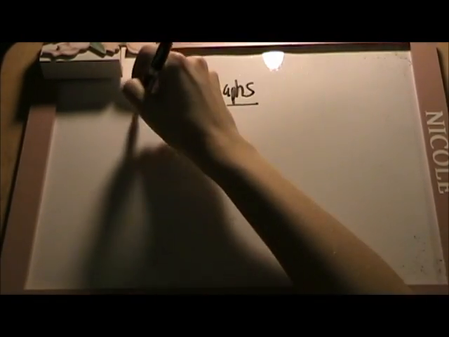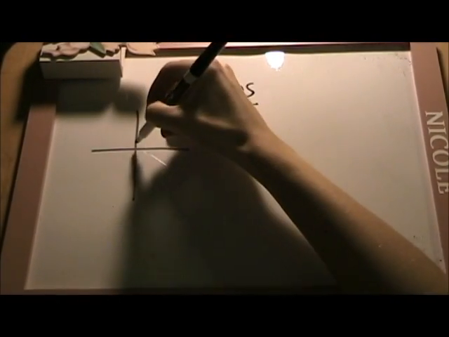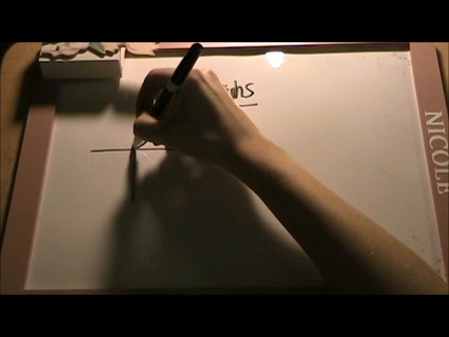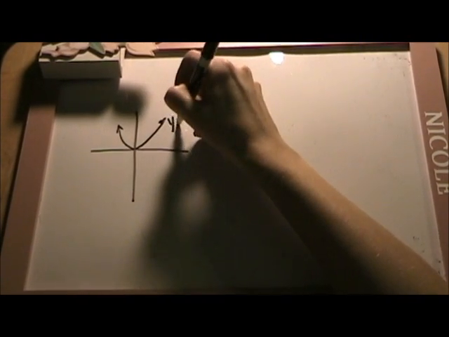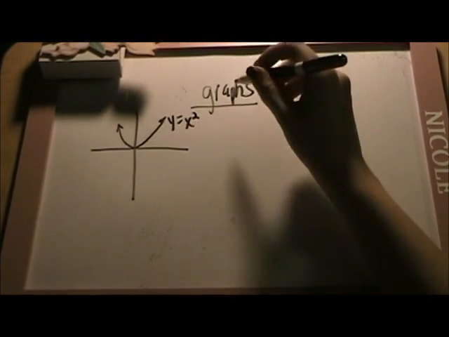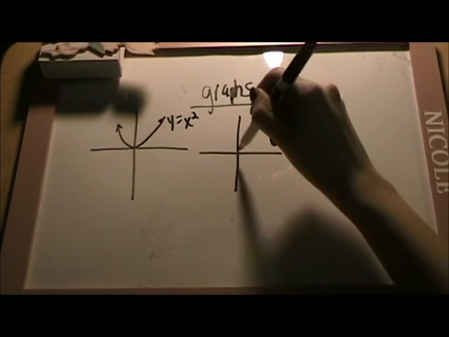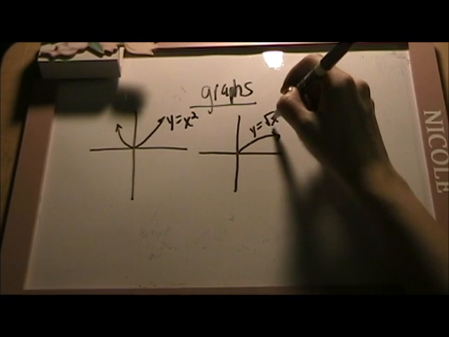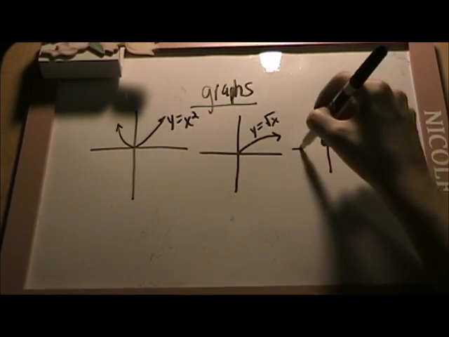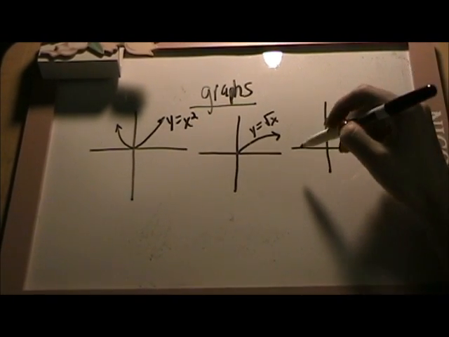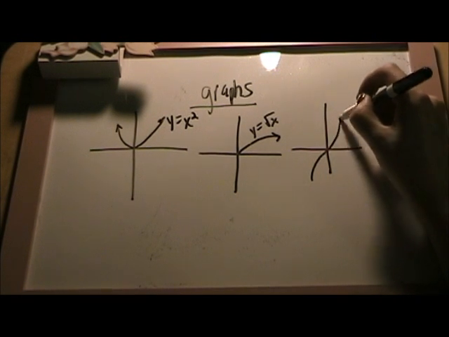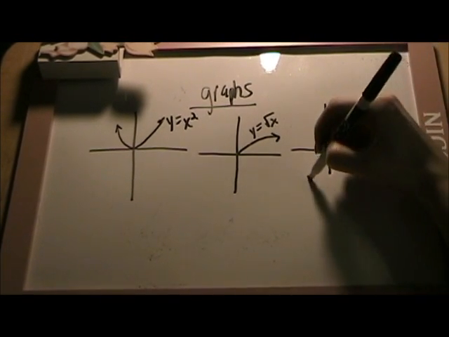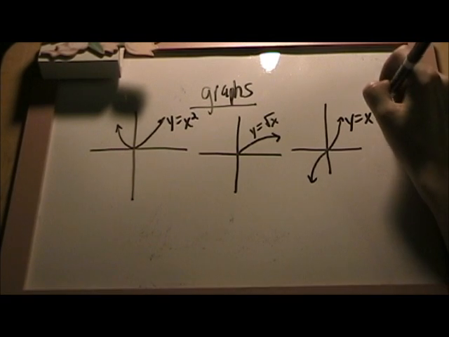Okay. We have the famous y equals x squared. We have y equals the square root of x. Y equals x cubed.